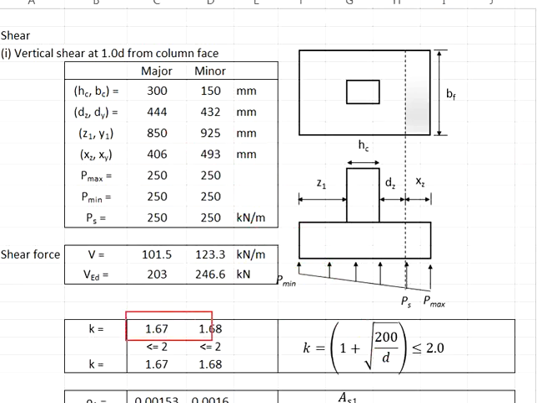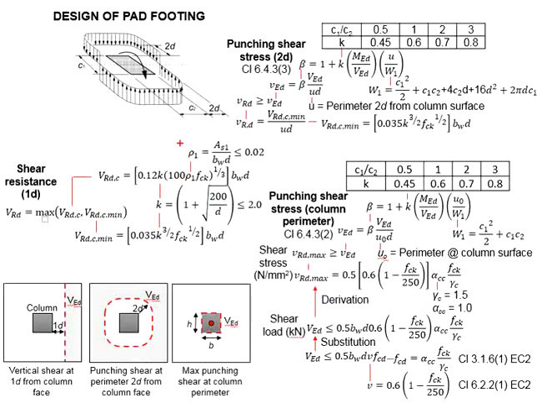You get the K value equals 1.67 and 1.68. The calculated value is less than 2.0. Therefore, we will use the exact numbers 1.67 and 1.68.